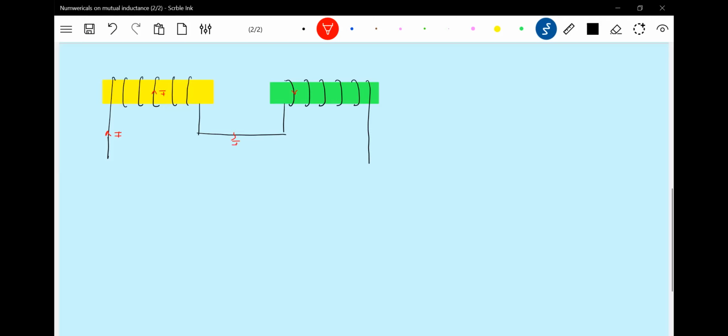Now look at the direction of current. Here the B field is in this direction. The field produced by this will be in this direction.